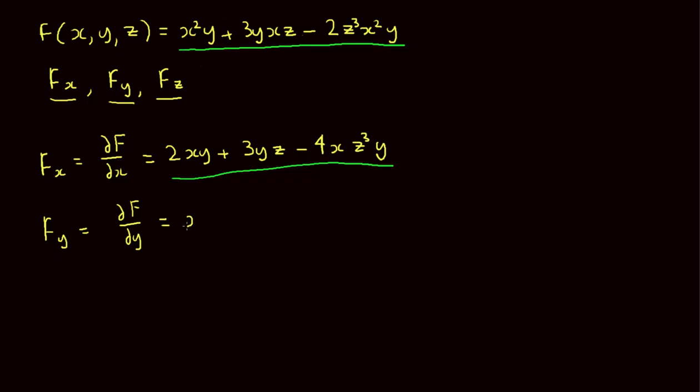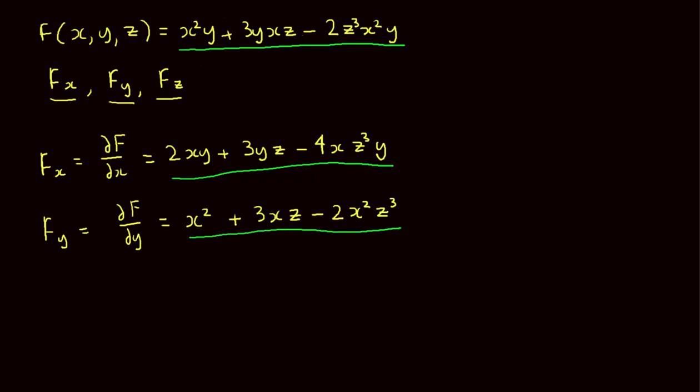So you get x squared plus 3xz minus 2x squared z cubed. Y is being differentiated out.